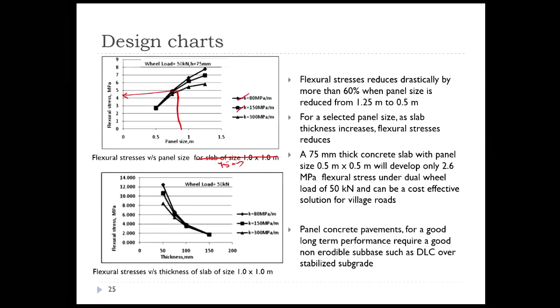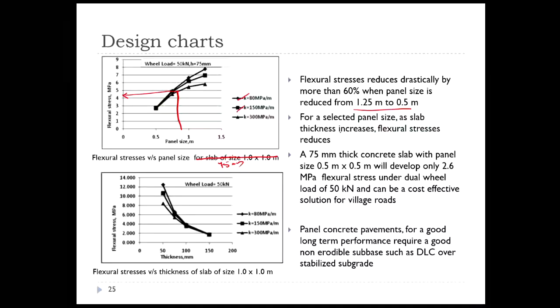Once you review these design charts, you can find that the flexural stresses reduce drastically, by more than 60%, when the panel size is reduced from 1.25 m to 0.5 m. So for smaller panels, the load-induced flexural stresses are much less. That is a significant reduction of flexural stresses.